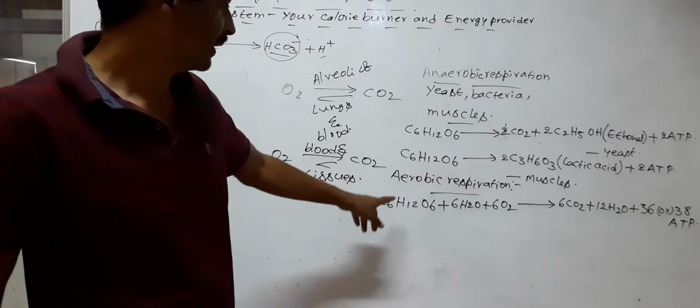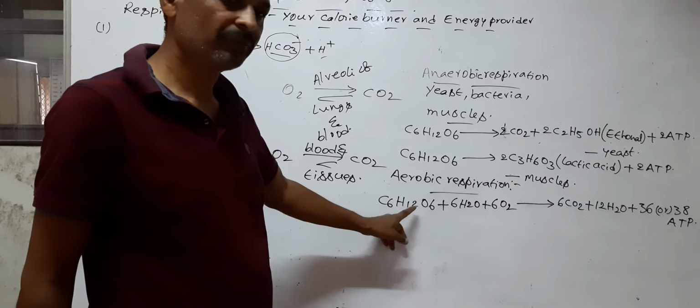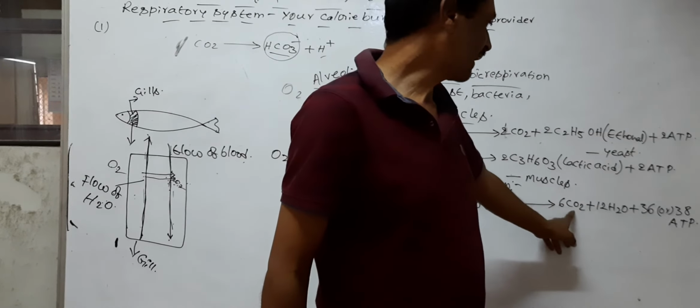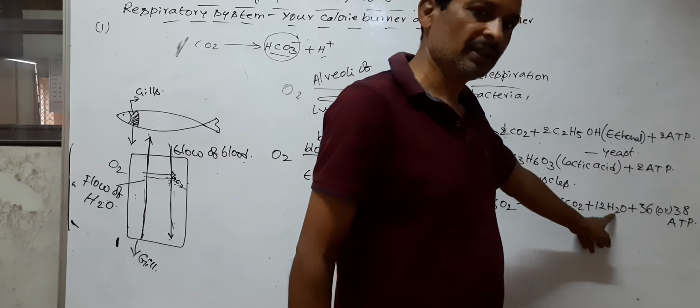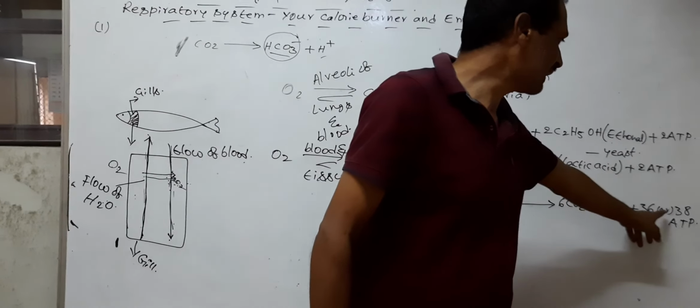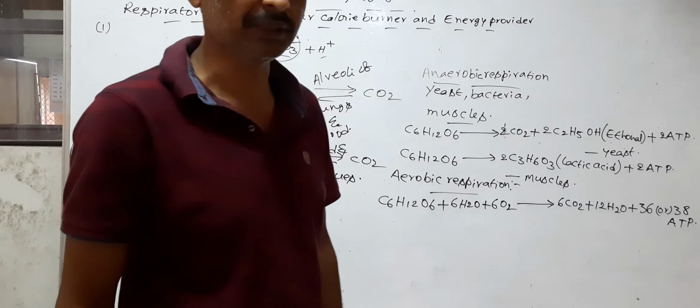So in aerobic respiration, one molecule of glucose breaks down to form carbon dioxide and water as end products and releases 36 or 38 ATPs.